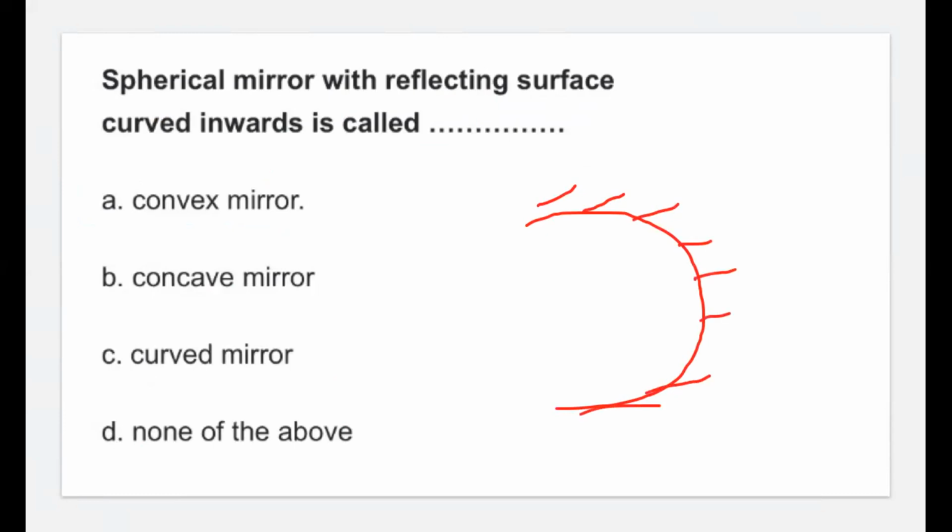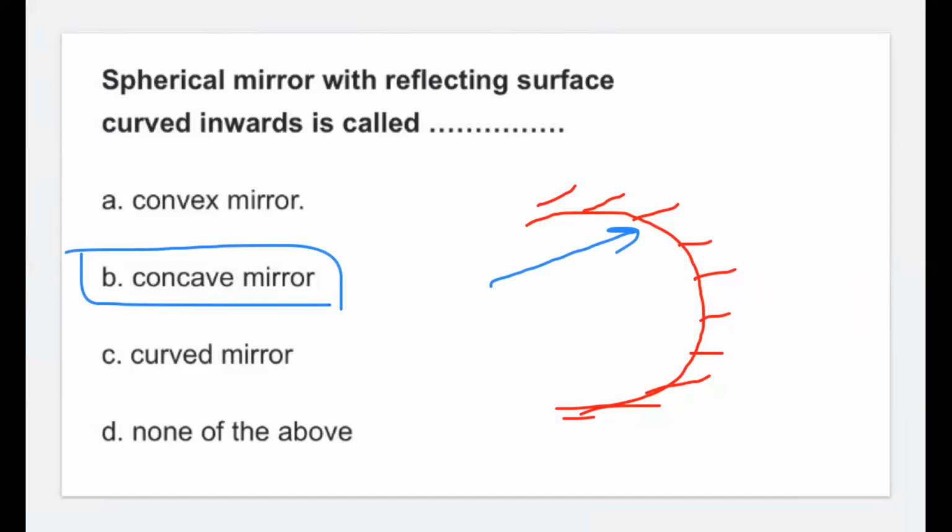When I show it with the help of a dashed line, this is going to be a surface which is coated with silver or aluminium. And the inner surface would be acting as a reflecting surface. So if it is curved inward, such a mirror would be called a concave mirror. So in our case, option number B is going to be the correct option.